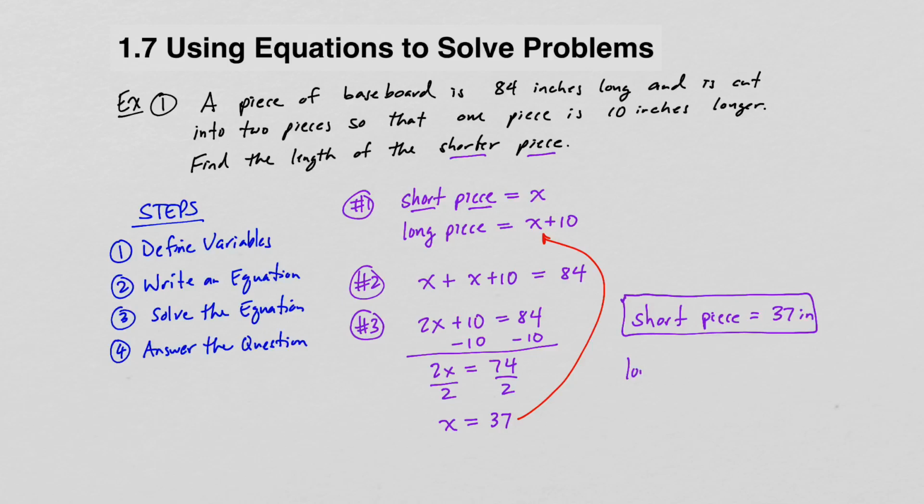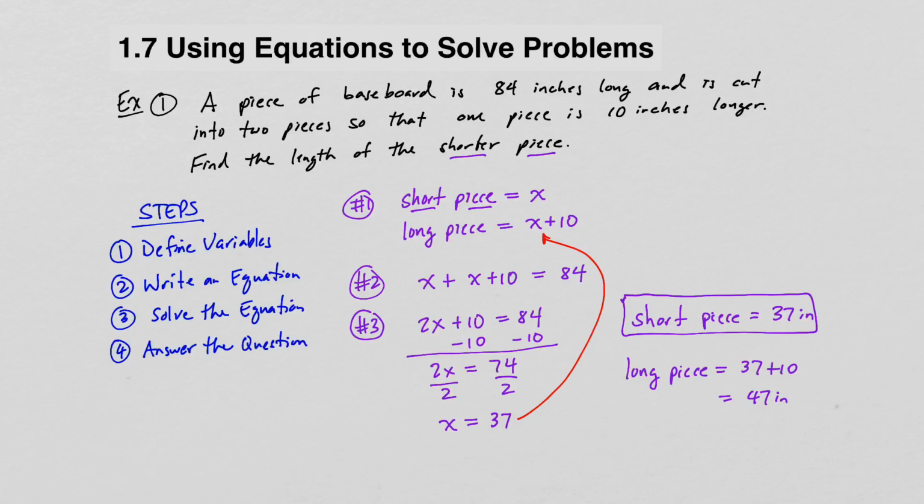So let's go ahead and state the long piece is X plus 10, which is 37 plus 10, which is 47 inches. So if they were asking for that, you would have to make sure that you give that as your answer. So it's just really important to pay attention to what you're being asked to do.